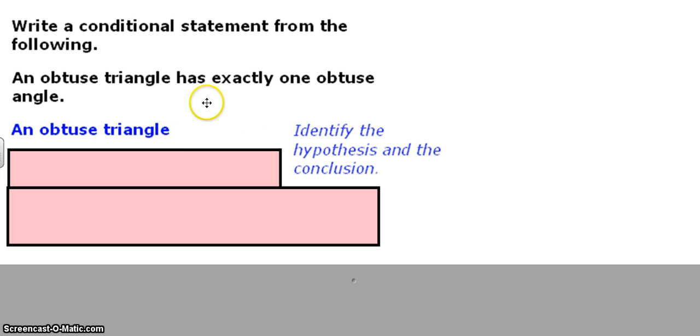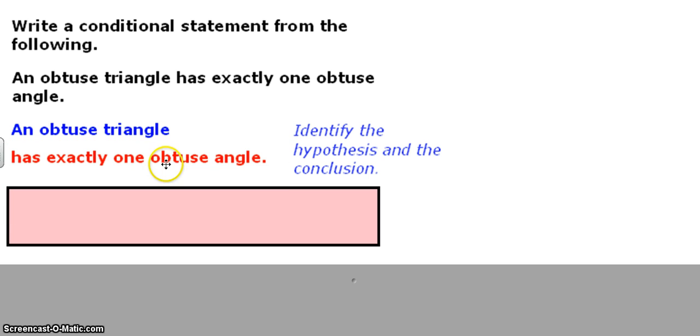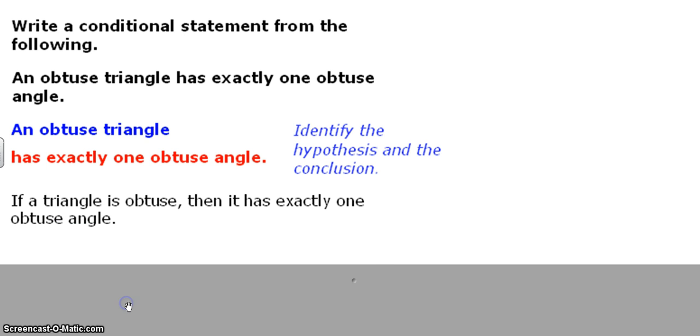The conclusion: if it is an obtuse triangle, then what could you say? It has exactly one obtuse angle. So we take those two statements and put them into our if-then form. If a triangle is obtuse, then it has exactly one obtuse angle.